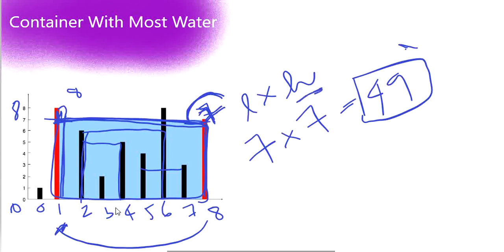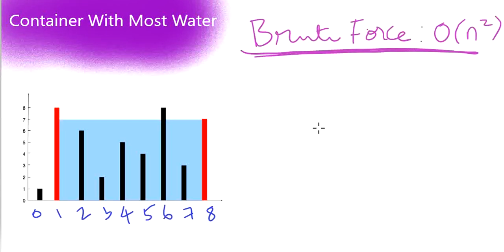So in brute force, we are going to have two pointers, i starting from the first index and j starting from the second index. It is going to calculate the area of the container formed between i and j and save it in the variable area so far.